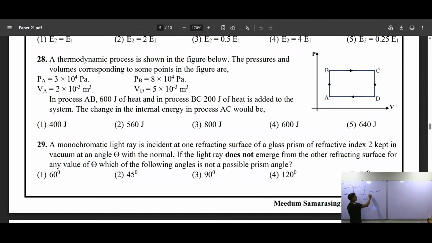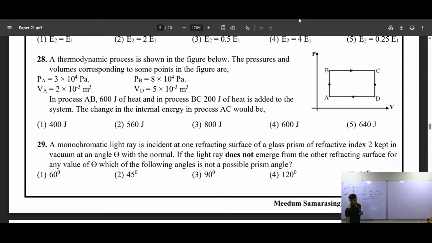And heat added delta Q BC is 200 joules. That is also given. We need to find the change in internal energy in the process AC, delta U AC.